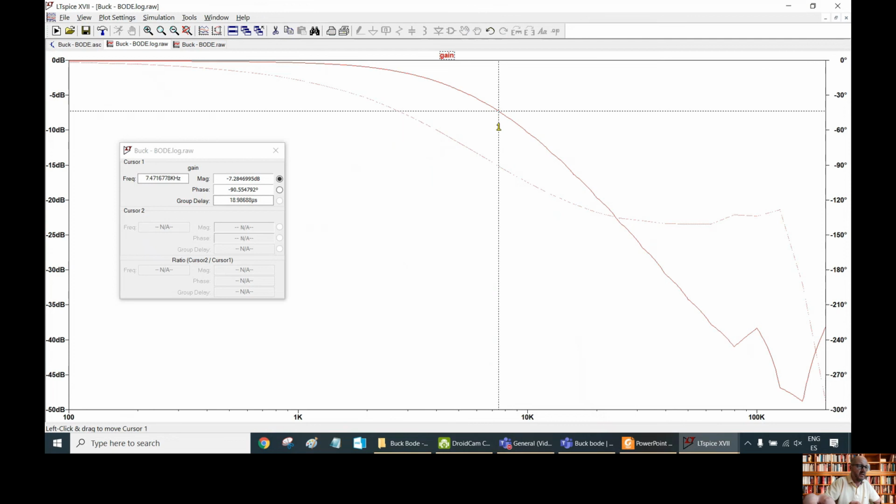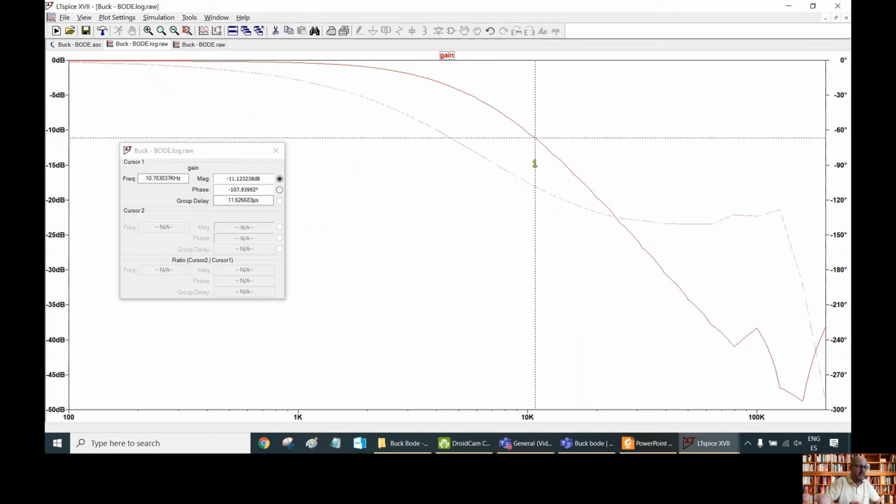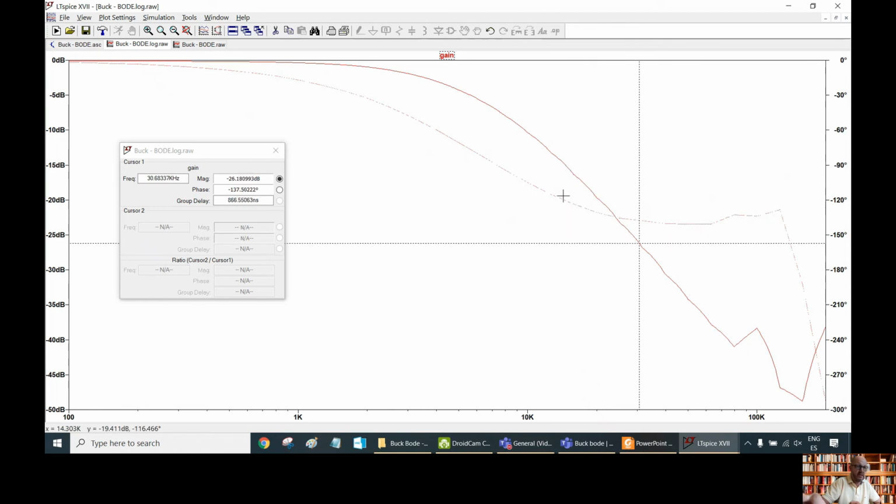So we can see also how the gain is decreasing, and the phase is also decreasing, but at a point around here the phase is again increasing, due to the effect of the zero.